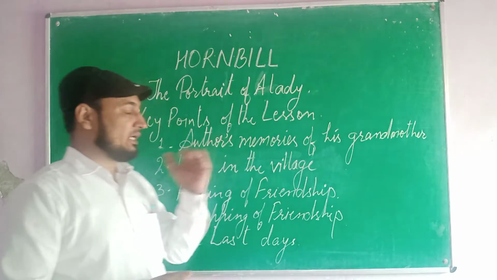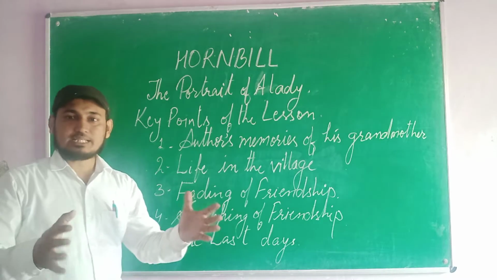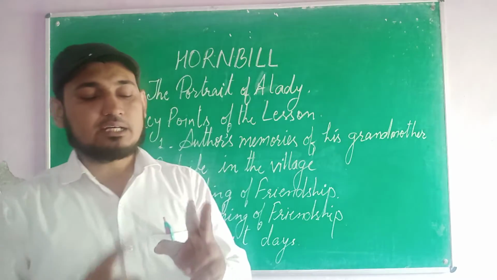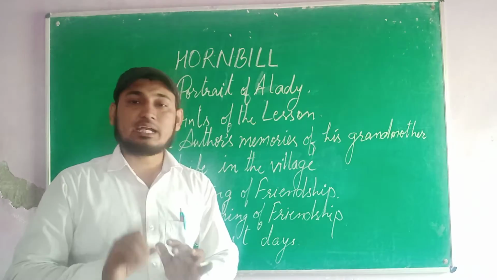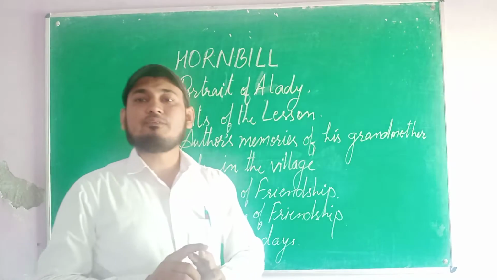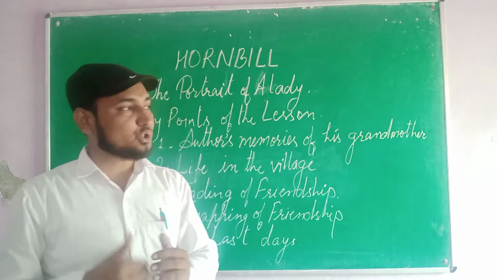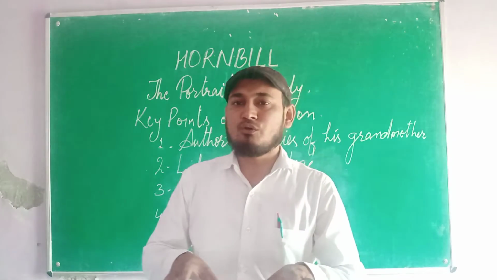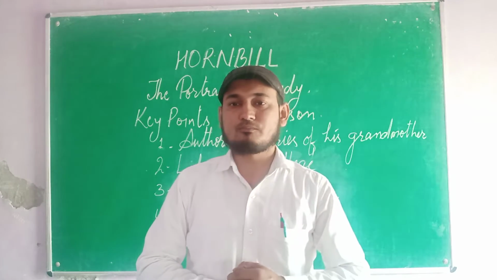Let's start from the beginning of the chapter. When the chapter begins, we find 2 persons, one is a child and the second is an old one, who is the grandmother. Both are living in the village, and the author Khushwant Singh recalls the memories of his childhood when he was living with his grandmother in the village.